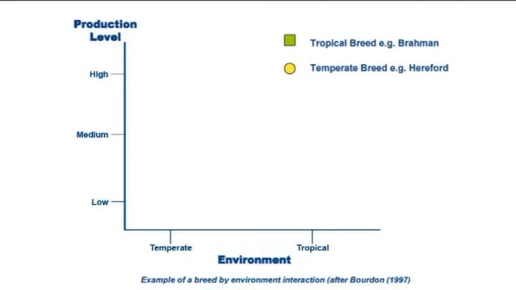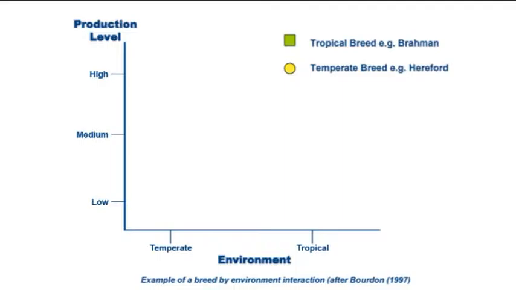You can see from this chart that down the vertical axis on the left we can see three production levels: high production, medium and low. And then we can look at two environments across the horizontal axis. That's the temperate and the tropical.